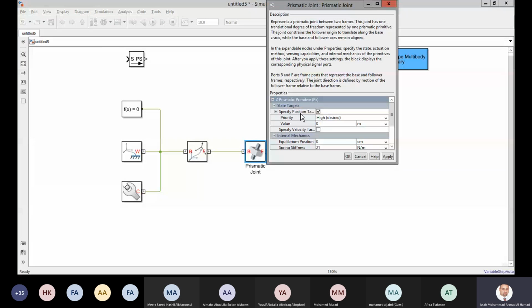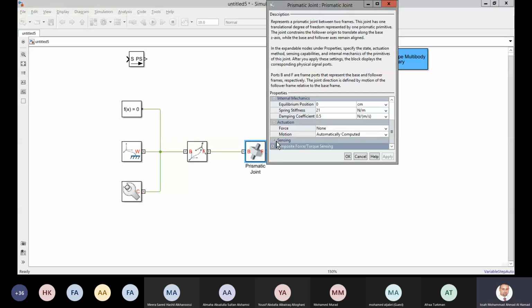So specify position target. We need to stretch the spring to 10 centimeters. Okay, this is our position target. We can select the value here, unit, make it 10, and press on 10 centimeters.